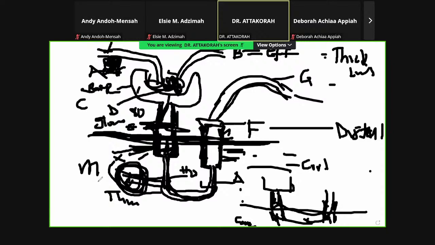And when it gets into the medulla, they are going to make the concentration at the medulla higher. Because sodium is leaving, glucose is leaving, urea is leaving into the medulla via this thick part here.